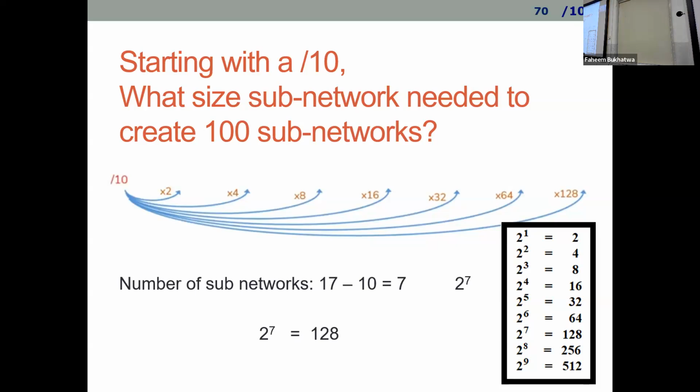Subtract them: 17 minus 10 is 7, 2 to the power of 7 gives you 128 networks, which is logical enough. It's good if you only want to split it 2 or 3 or 4 times.